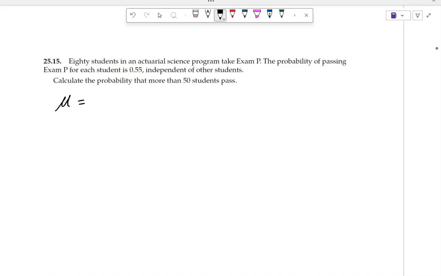How do you calculate mean for a binomial? np, right? 44. Should be able to multiply that one. It's just 40 plus 4. Okay. All right. Variance. Yeah, it's npq, right? So 80 times 0.55 times 0.45.